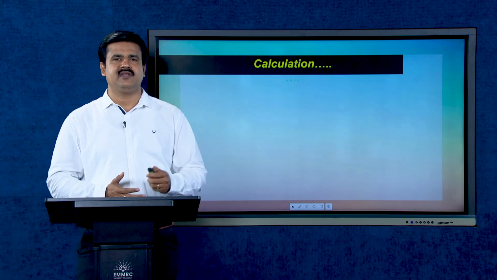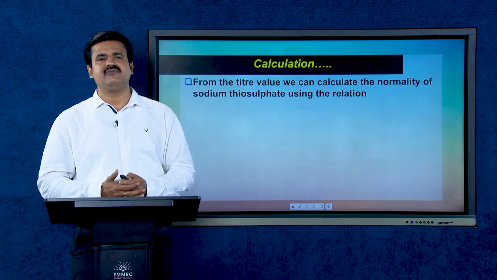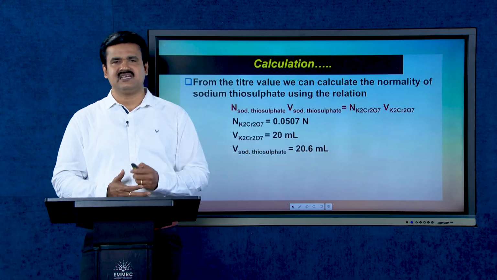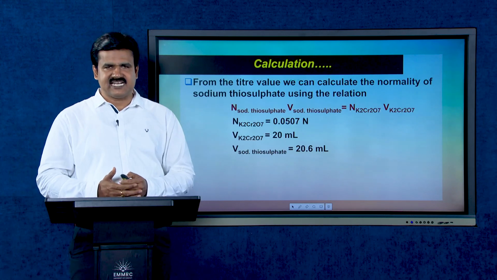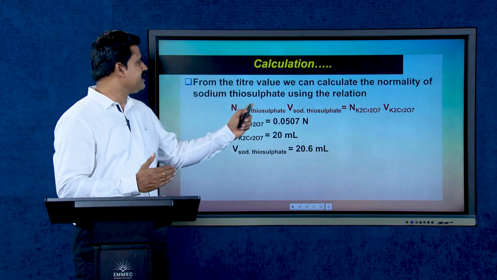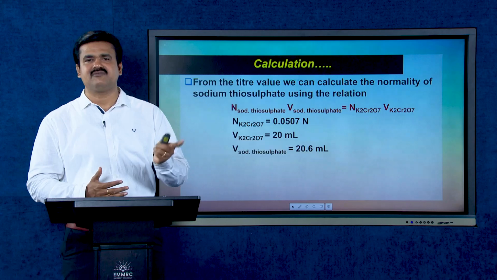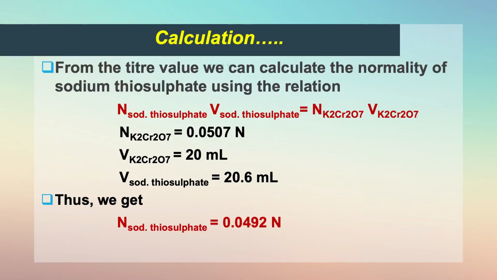That is, 20.6 ml is the volume of sodium thiosulfate consumed during its titration with the potassium dichromate. From these titer values, we can calculate the normality of the sodium thiosulfate solution using the volumetric relation N1V1 equals N2V2, modified as N sodium thiosulfate times V sodium thiosulfate equals N potassium dichromate times V potassium dichromate. N K2Cr2O7 we already calculated as 0.0507 normal. The volume of potassium dichromate taken is 20 ml.